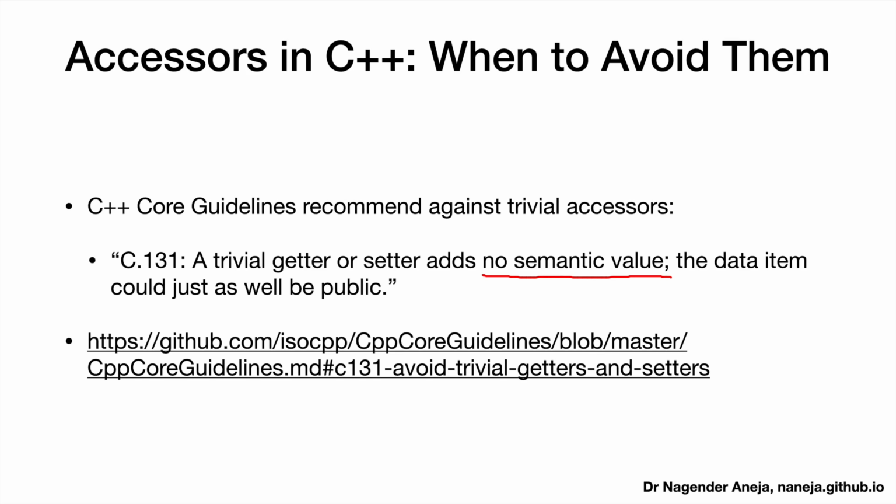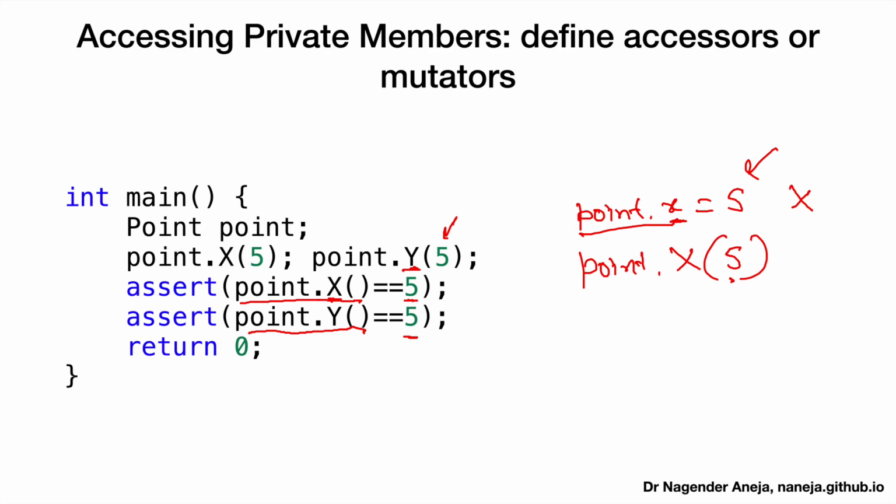If there is no semantic value, then you can just declare that as public. So instead of having the accessor and mutator, just declare that variable as public, like in our previous case.